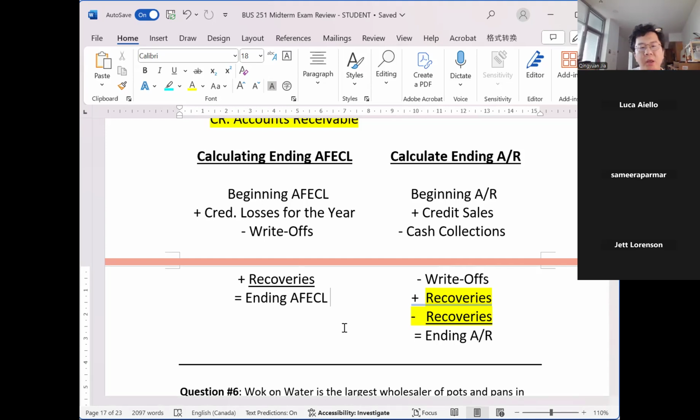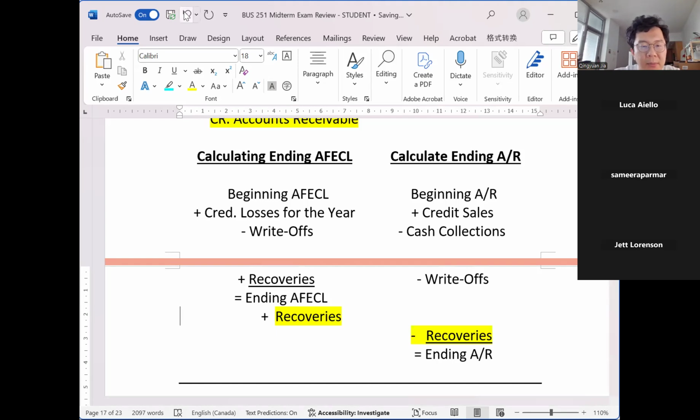Also, some of the students may get confused about aging analysis, like when we will use the aging analysis. Using the aging analysis is another way to calculate the ending AFECL.